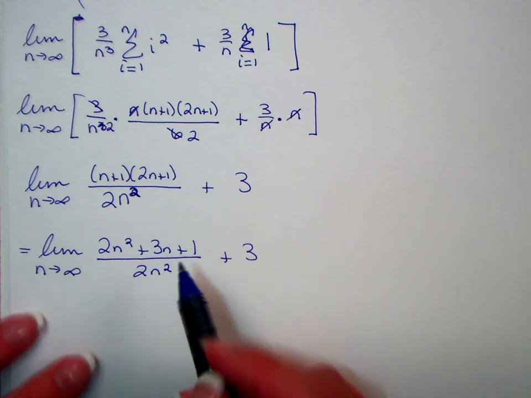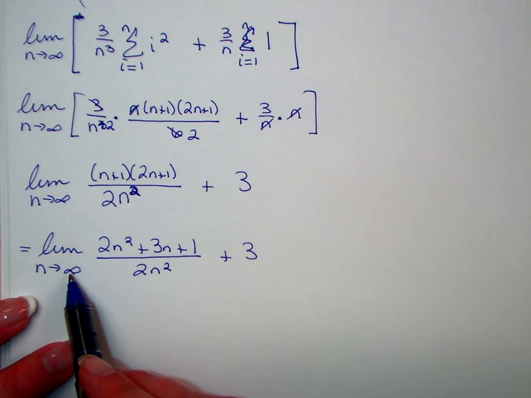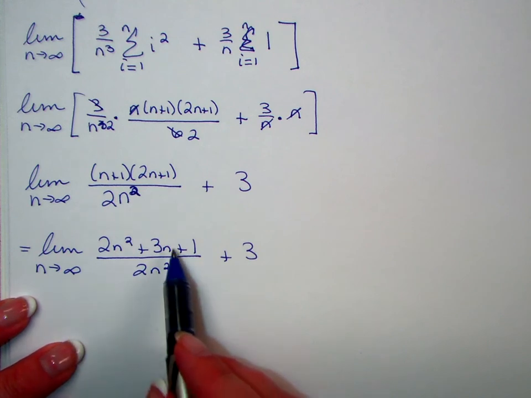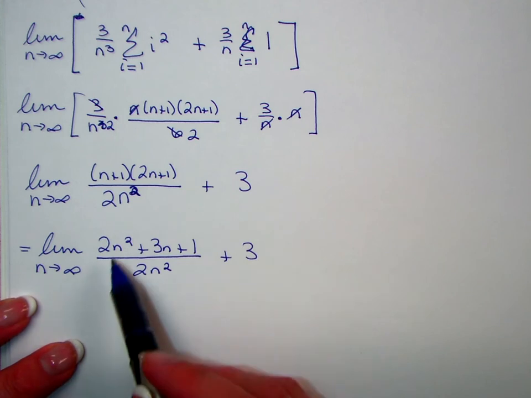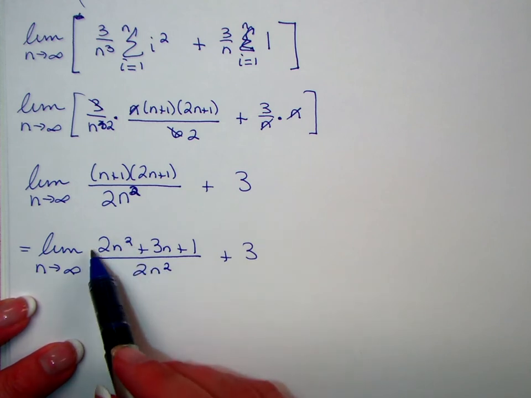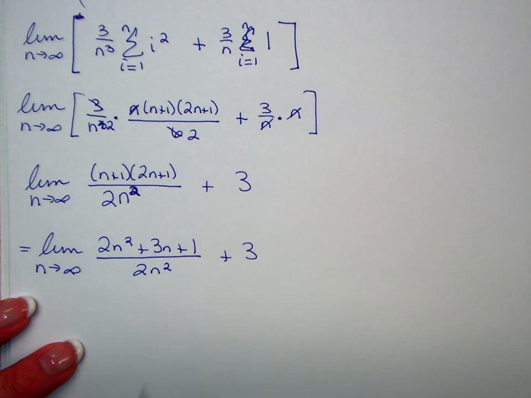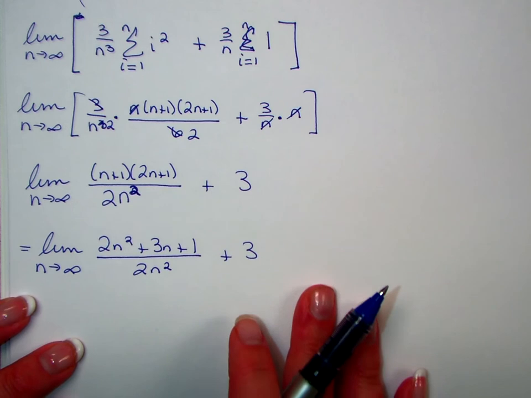You remember doing that? But the other thing we can think about is, as n goes to infinity, it's basically the horizontal asymptote of this function. If the powers match, then we get the leading coefficient over the leading coefficient, and so we should just get 1. Either way, we should just get 1.